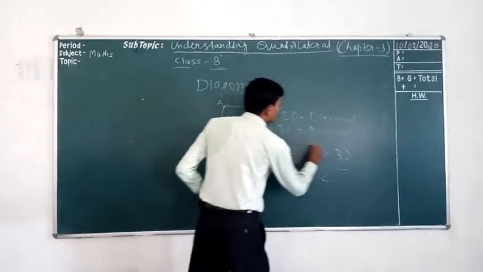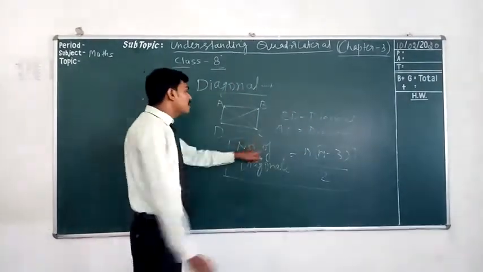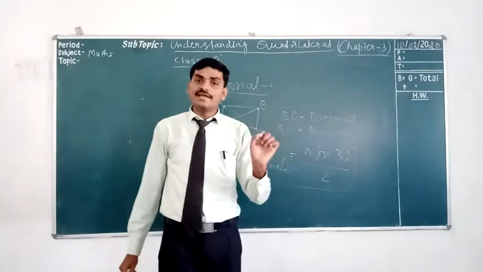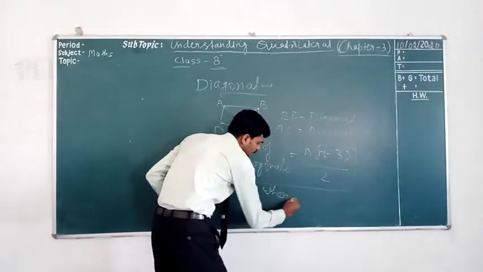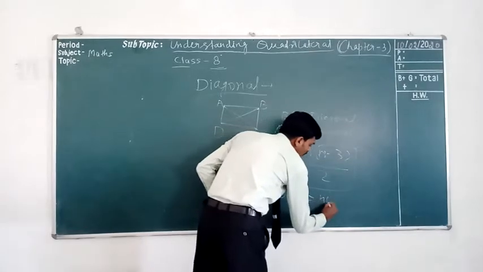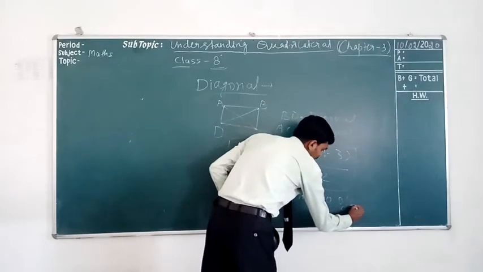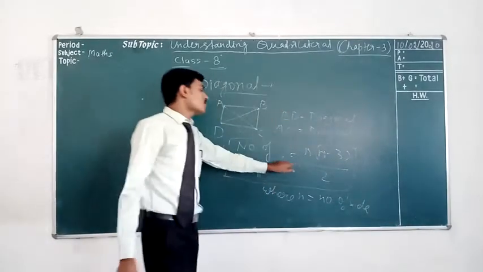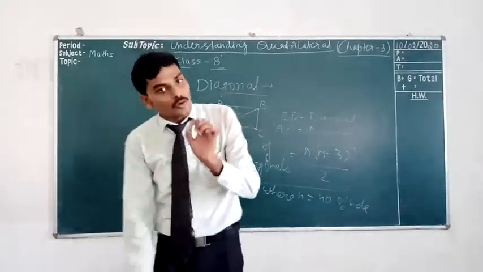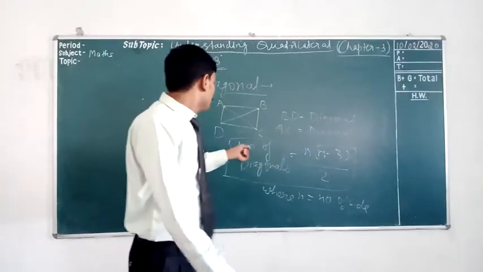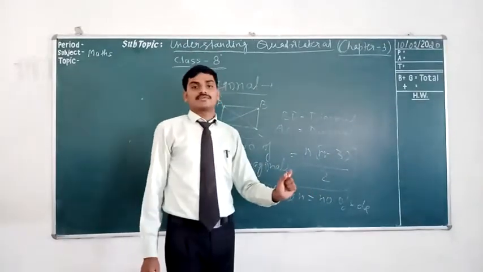This is the formula to find the number of diagonals present in any polygon, where n equals the number of sides.